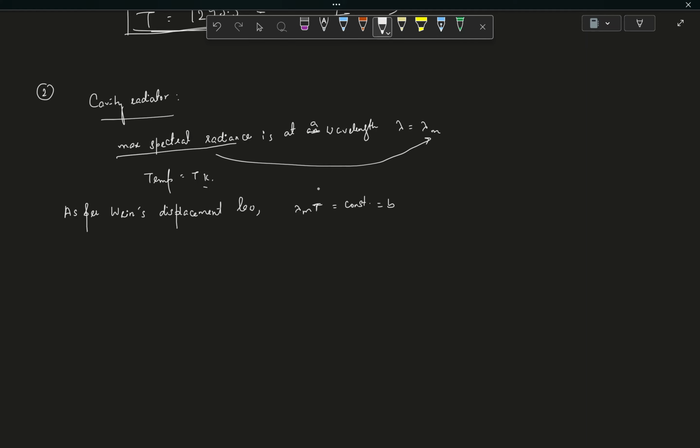B is equal to 2.897 into 10 to the power of minus 3 meter Kelvin.